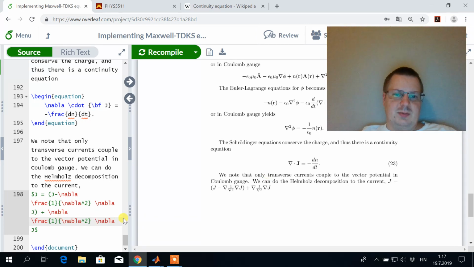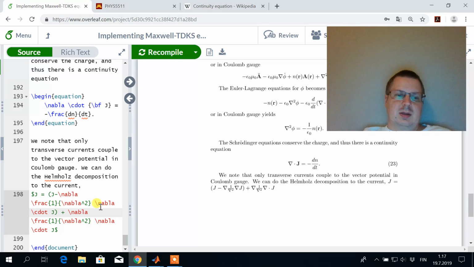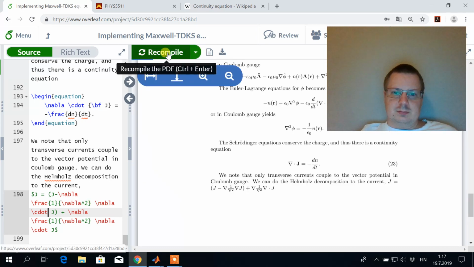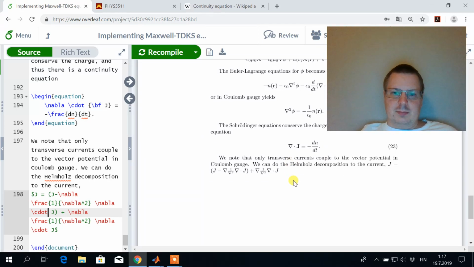I think it's supposed to be dot. So the divergence of the current yields minus dn/dt.